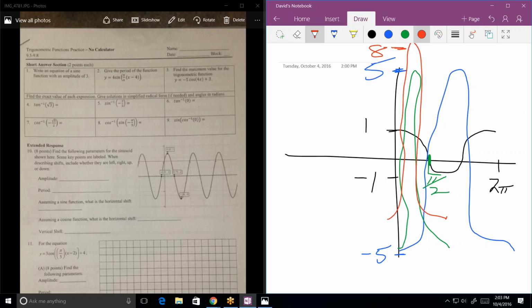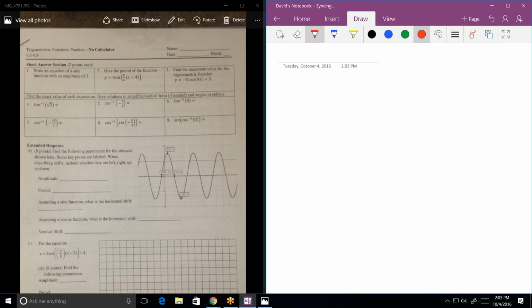Now, I didn't actually have to graph all 3 of these to do that. One thing to really recognize when you're talking about trig is that the sine of x is always greater than or equal to -1, and less than or equal to 1. Very, very important concept in trig.